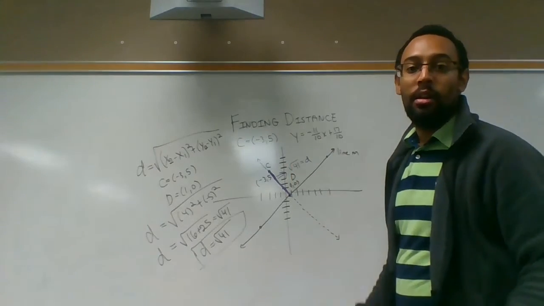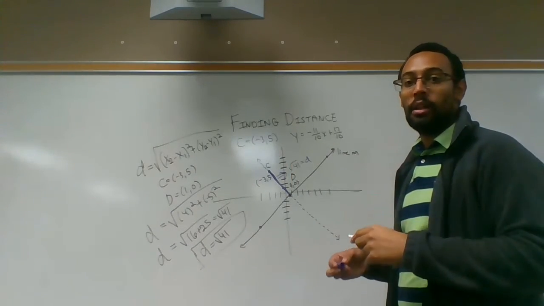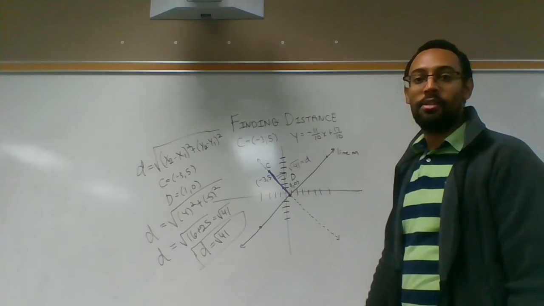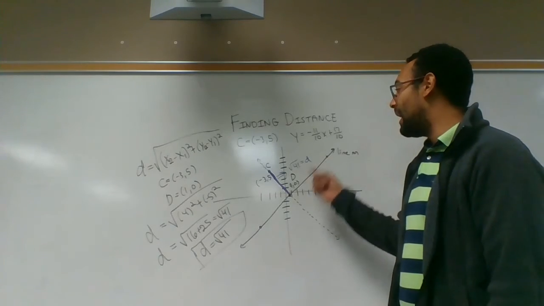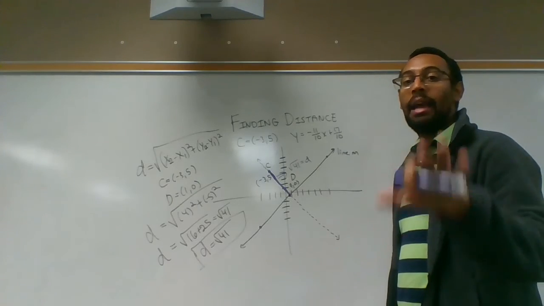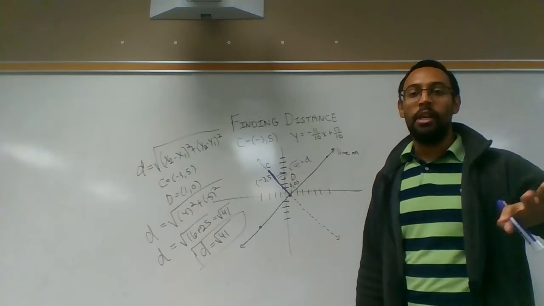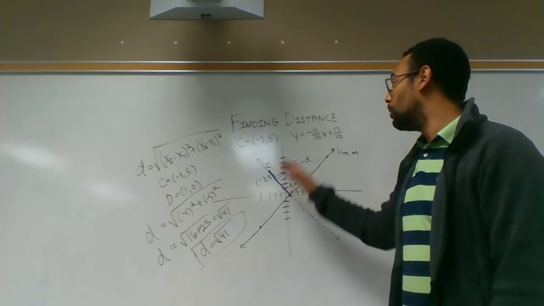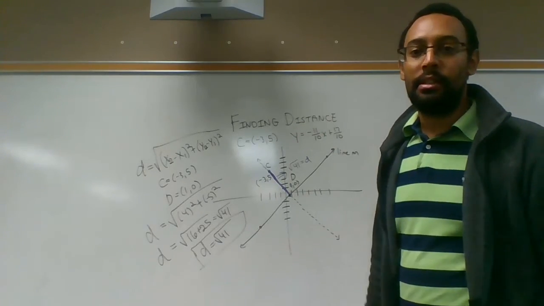That is D. So that little bold line segment right there is the distance from C to line M. That has a length of the square root of 41. Okay, so this video is how you calculate the distance. The first video is how to get up to the point of finding distance.